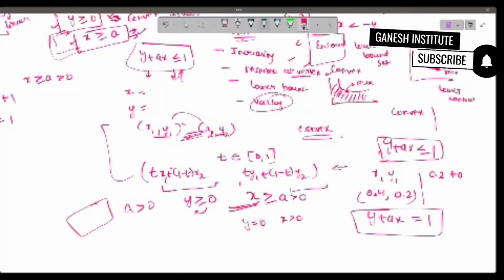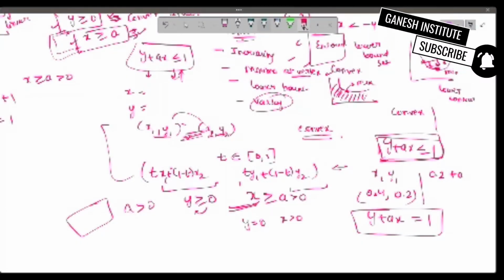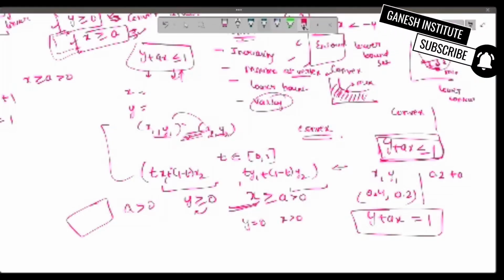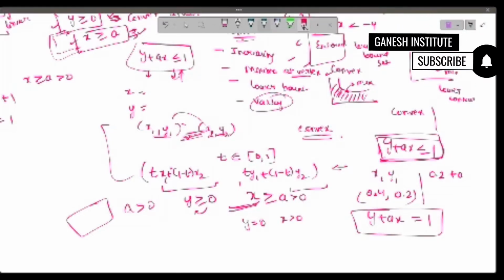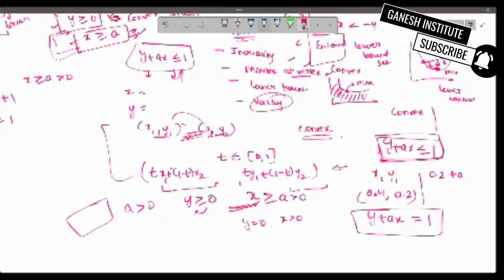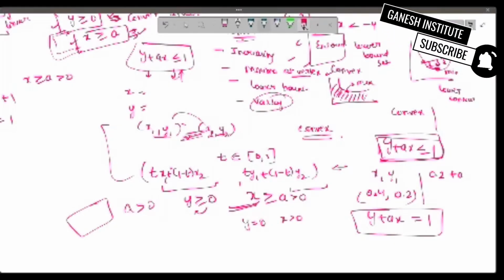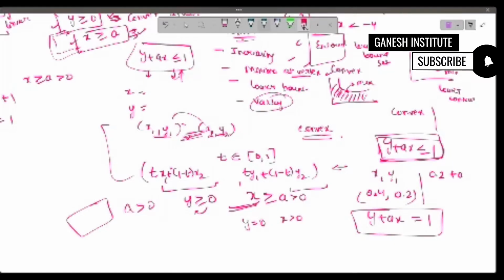The whole function is in the form of y plus ax less than or equal to 1. We have three unknowns. So what can we have? x1, y1 as 0.4, 0.2. Tell me the value of a from here.